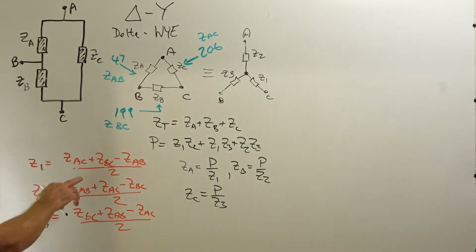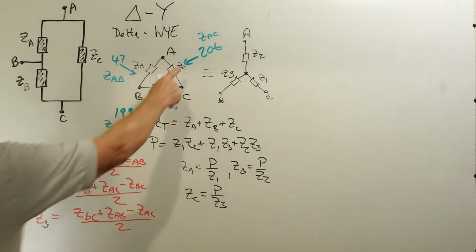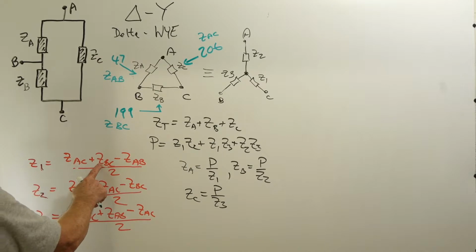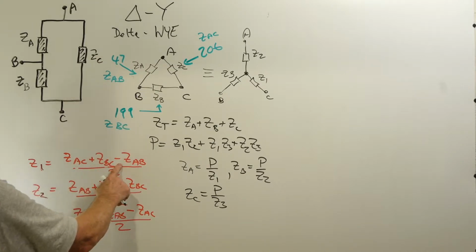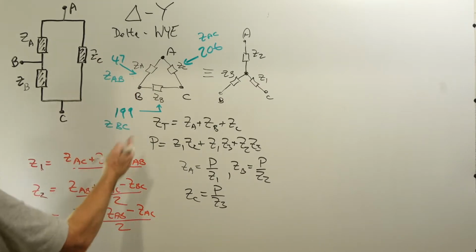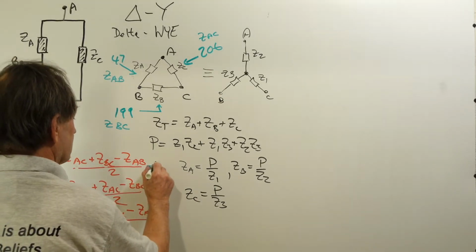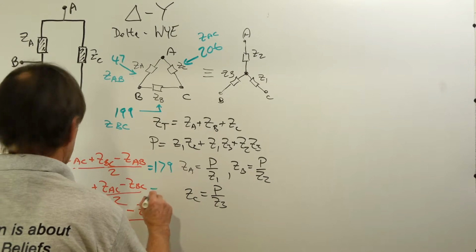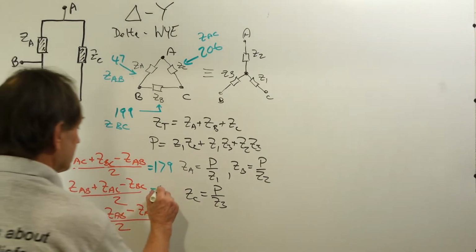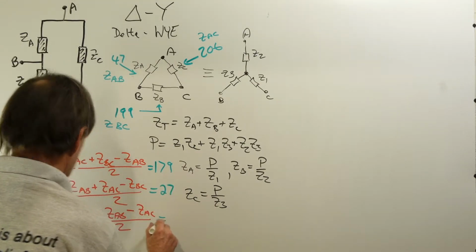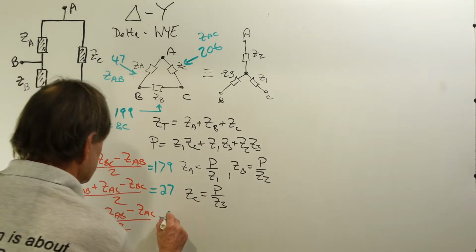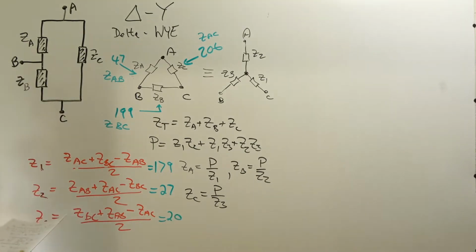So we put in the values. ZAC is 206, BC is 199, we subtract off 47, divide by 2, and we get Z1. Z1 in this case comes out to 179, Z2 comes out to 27, and Z3 comes out to 20.